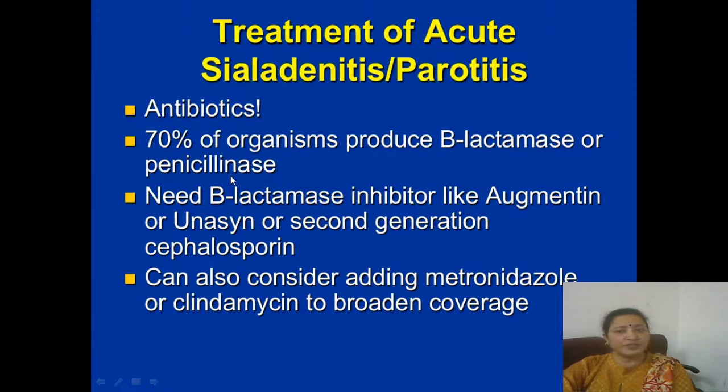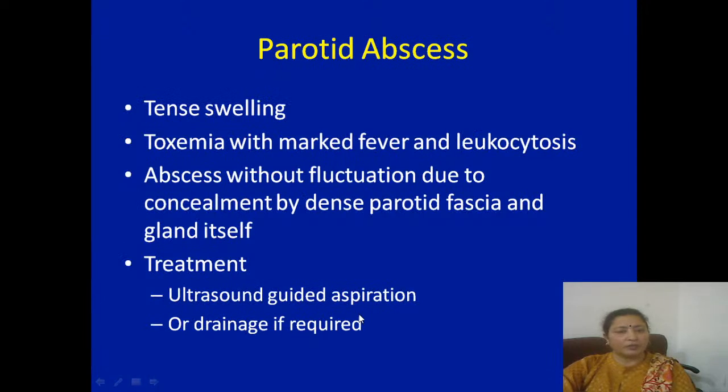Antibiotics are initiated. 70% of the organisms produce beta-lactamase or penicillinase, so we need a beta-lactamase inhibitor like Augmentin and related products, or cephalosporins should be given. Metronidazole or clindamycin can also be considered to give broad spectrum coverage.